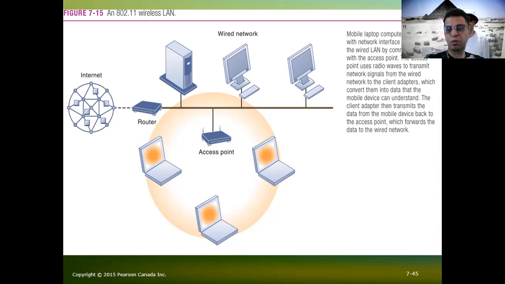The mobile laptop computer equipment with a network interface card is linked to the wired LAN by communicating with an access point. The access point uses radio waves to transmit network signals from the wired network to the client adapter.